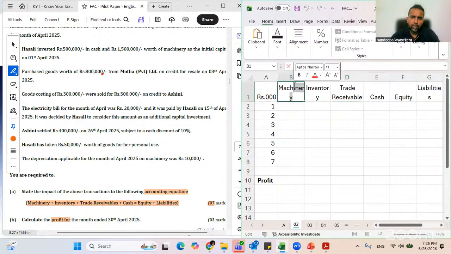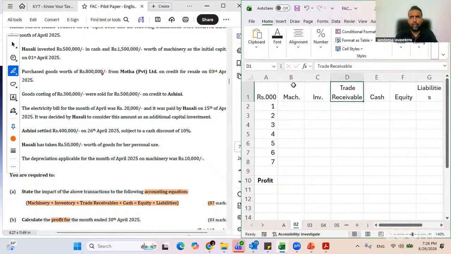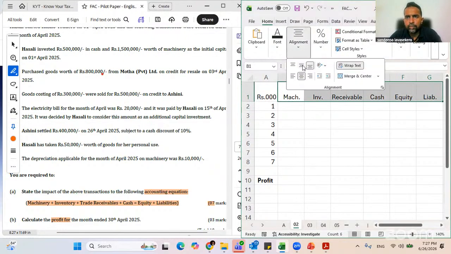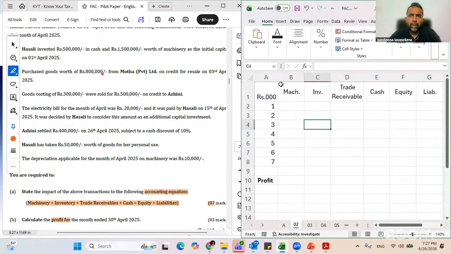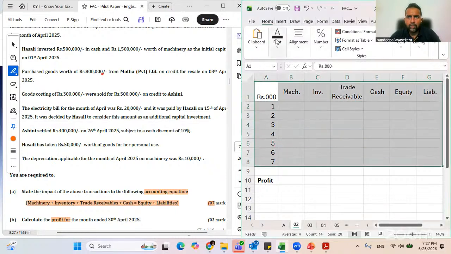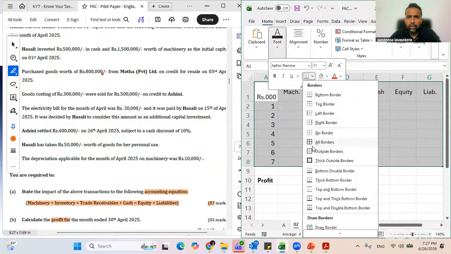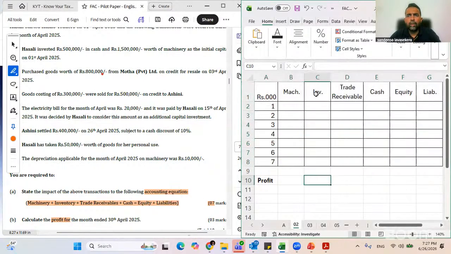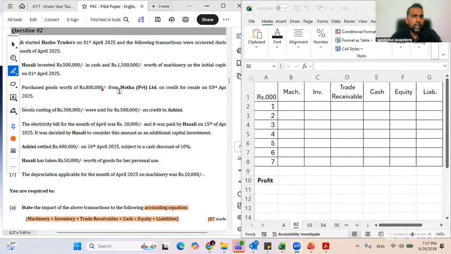Machinery, inventory. Okay. We're good here. Okay, we'll start. First transaction.